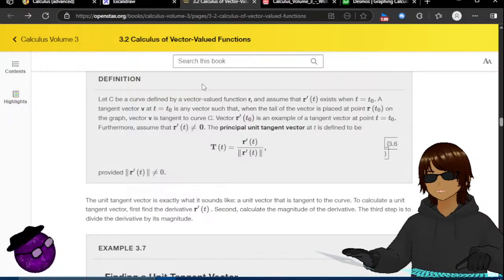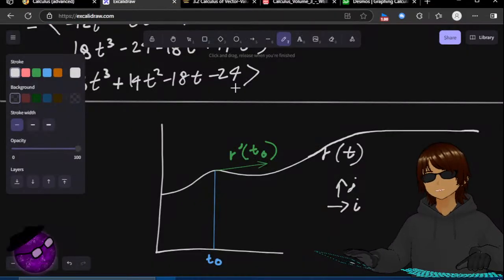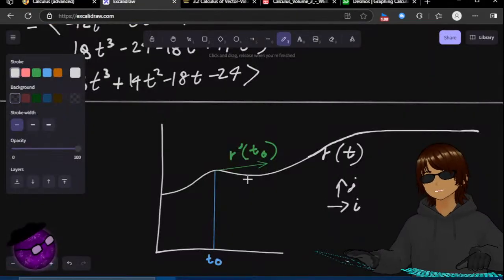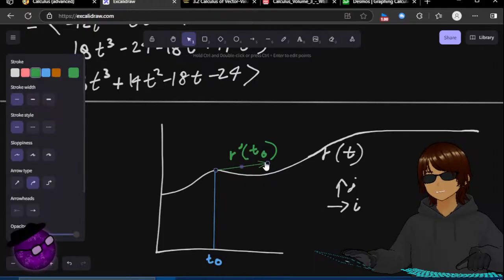So assume the derivative is not 0, so somewhere on a curve, the principal unit tangent vector at t is defined to be, okay, so it's basically this vector, but as a unit, the length as a length of 1.